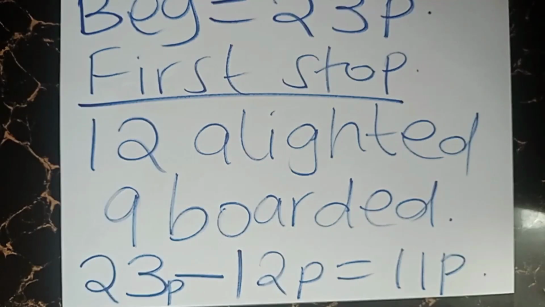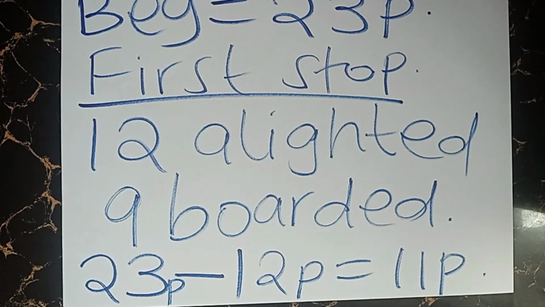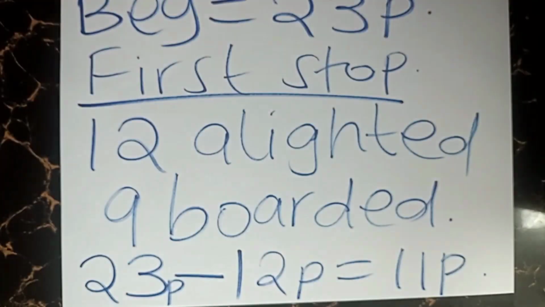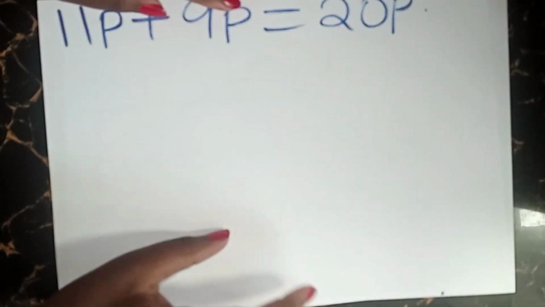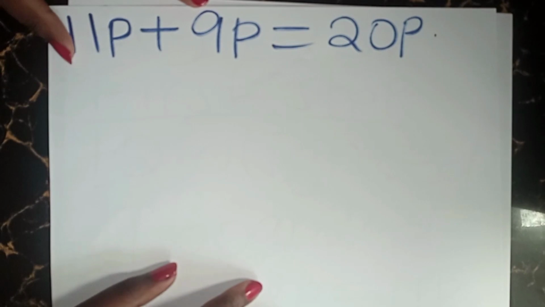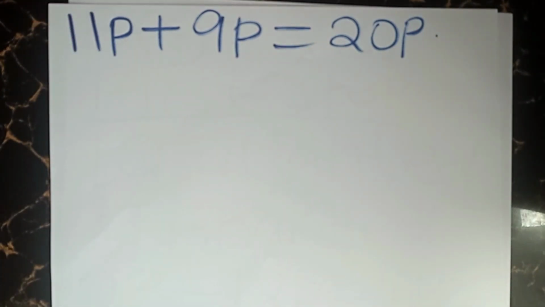And we've also been told that 9 passengers boarded the minibus at the first stop. So we'll need to add these 11 passengers to the 9 that boarded. So when you do that, 11 plus 9, we get 20 passengers, okay? So after the first stop, there were 20 passengers in the minibus, okay?